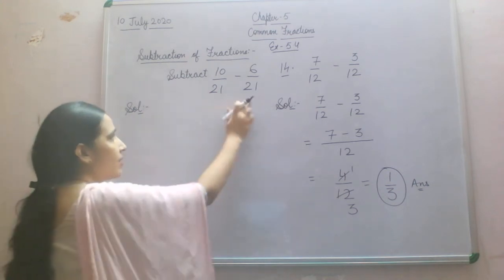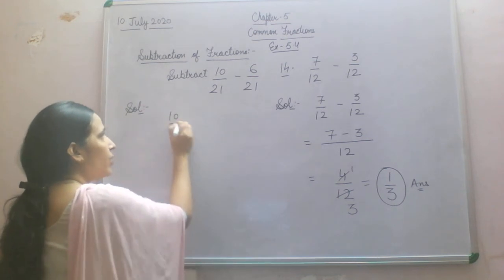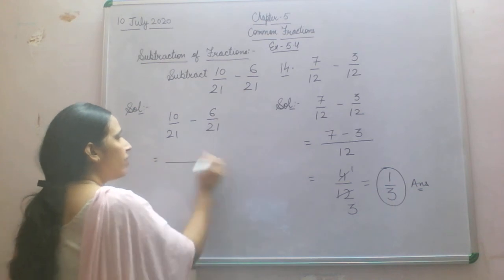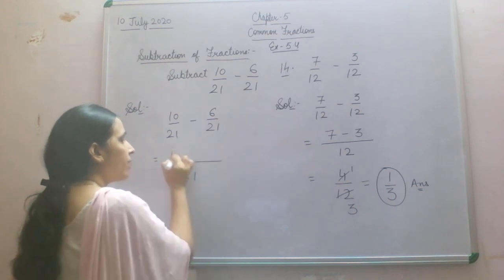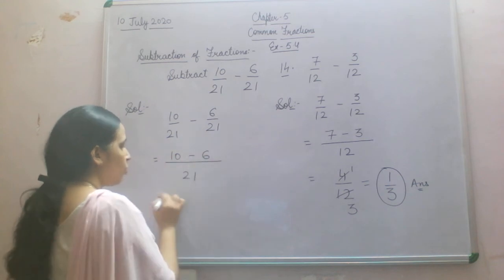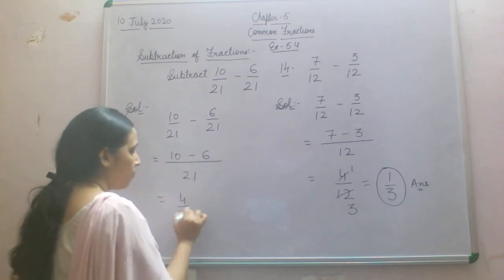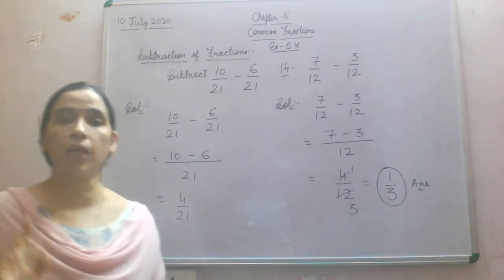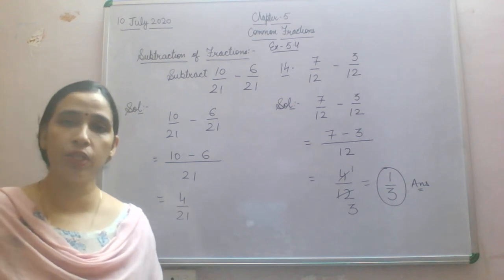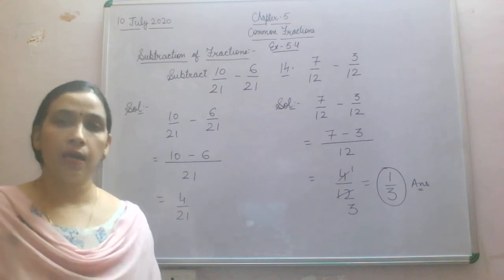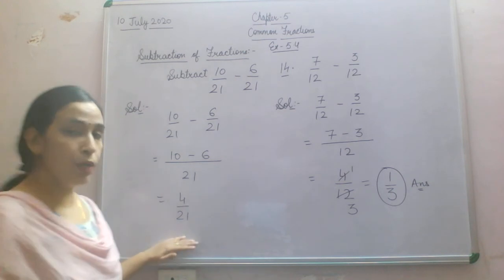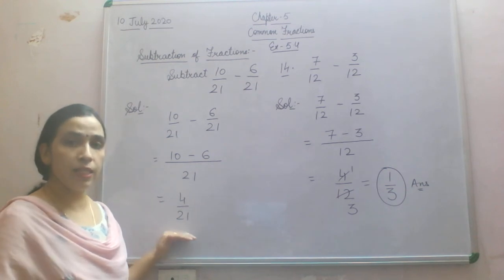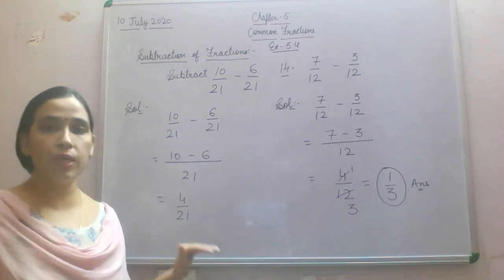Again, this example is of like fractions only. So we will write the denominator only once and then subtract 10 minus 6. So what will we get? 4 by 21. See, it is not necessary that every time you have to reduce the answer. Sometimes you will get an answer which is already in its lowest term. In this question, 4 by 21, you cannot reduce it into its lowest term.